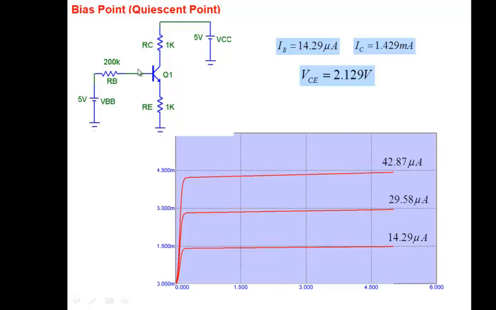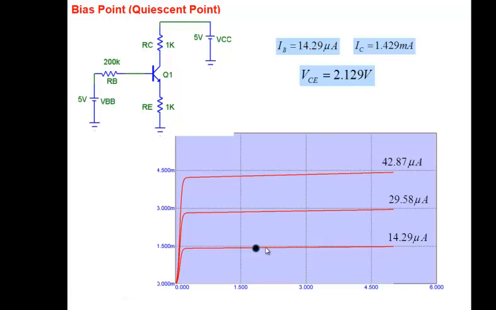So if I have a transistor using these resistors that you see here and bias, I can put my transistor anywhere. I can have my transistor operate here. I can have it operate here, wherever I want. This operating point is what we call the bias point or the quiescent point, Q point. What I'm showing here is the bias point that we just calculated, IB, IC and VCE.